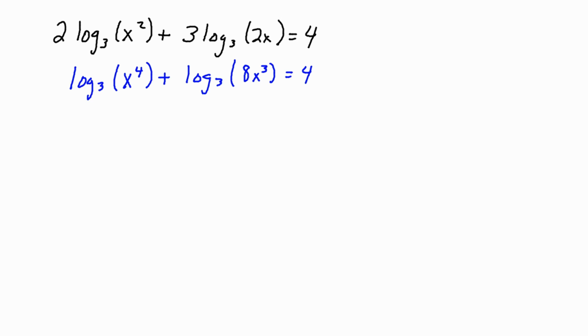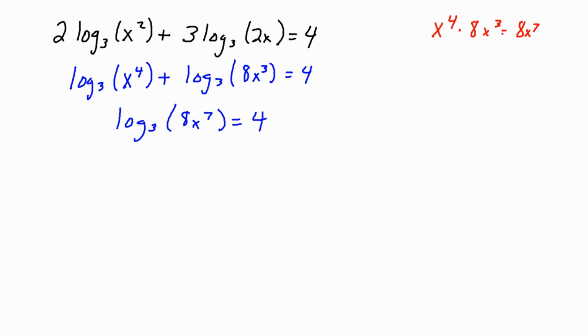Now I'm ready to write this as a single logarithm. Since x^4 times 8x^3 is 8x^7, my log becomes log base 3 of 8x^7 equals 4.